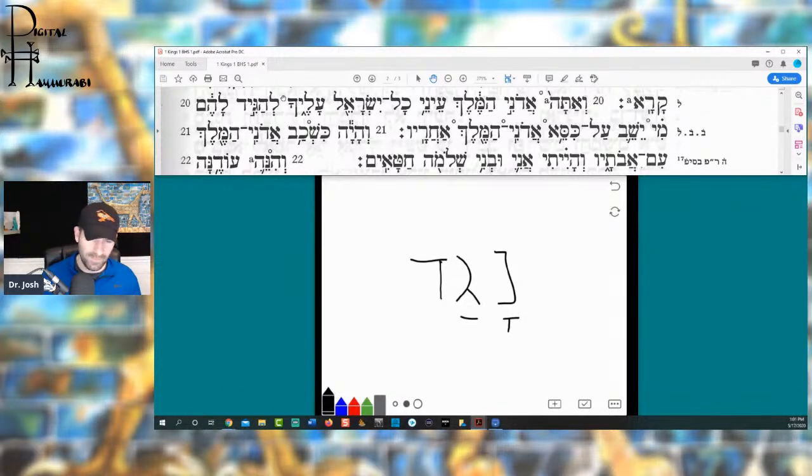Nagad. Okay. This is one of the words that shows up in the Hifil. And remember how I told you that those basic meanings of the different binyanim, the different stems, are just kind of general, but they could take different nuances. So, for example, the Hifil often will have this causative meaning.